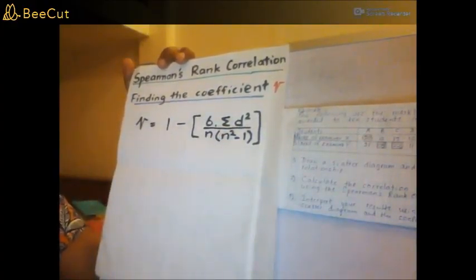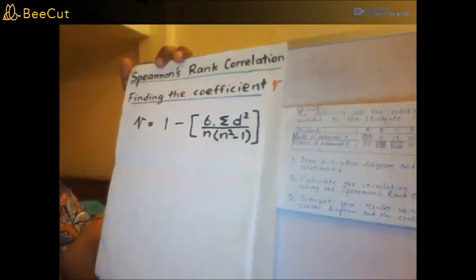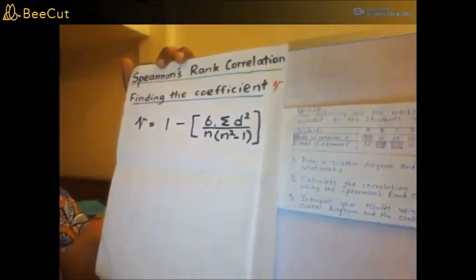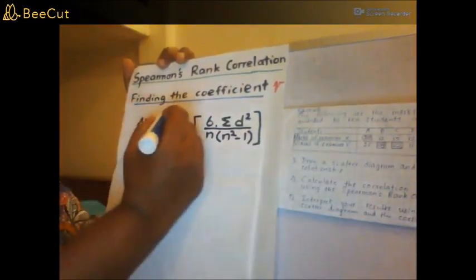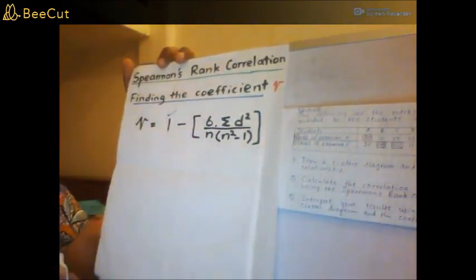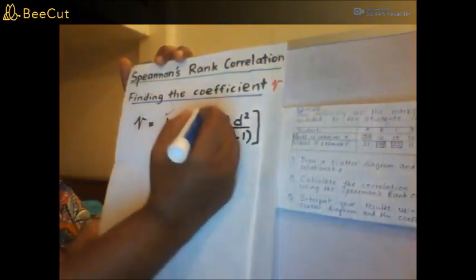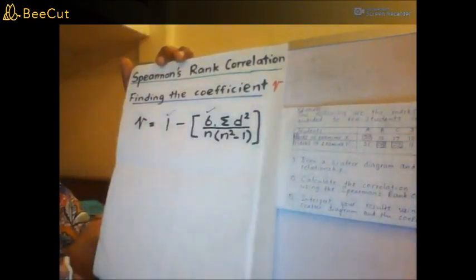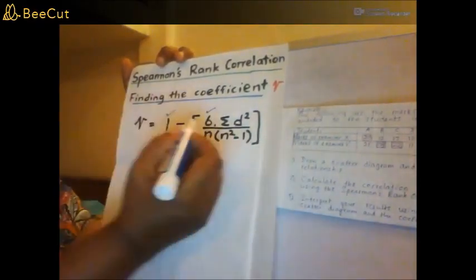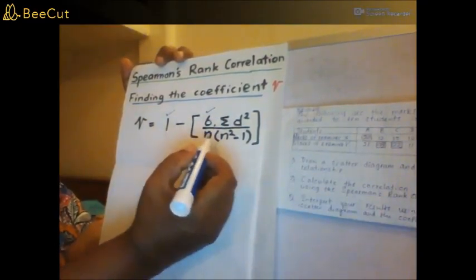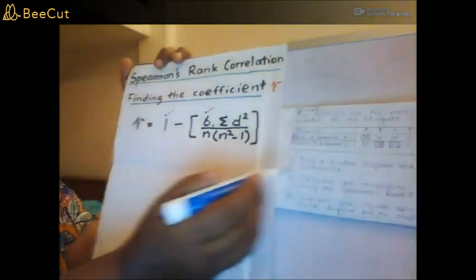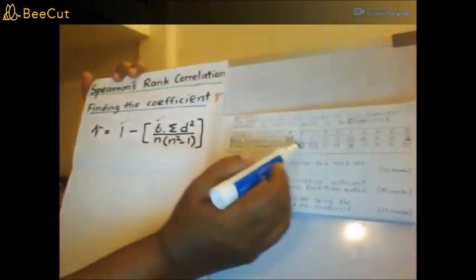Now, we'll find what we know and what we have to find. 1 is a constant value. We know that. 6 is also a constant value. There's nothing new to find. And n means the number of students.